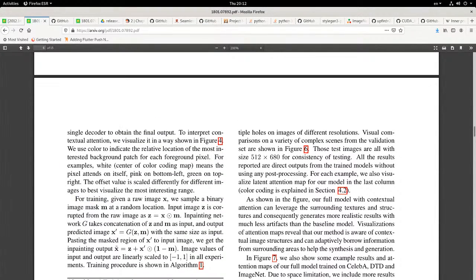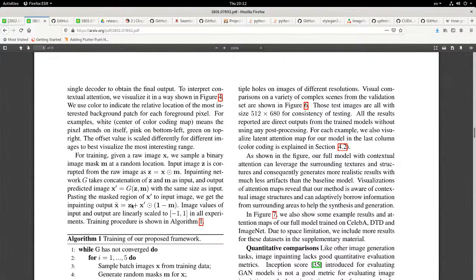Oh yeah, okay. For training, given a raw image X, we sample a binary image mask M at a random location. Input image Z is corrupted from the raw image as Z equals X Hadamard M. Inpainting network G takes the concatenation of Z and M as input, and outputs predicted image X' equals G(Z, M), with the same size as input.